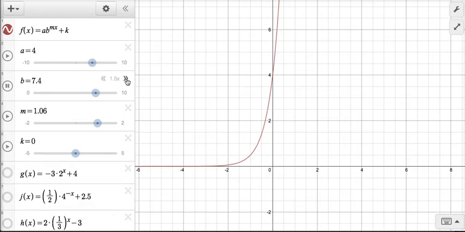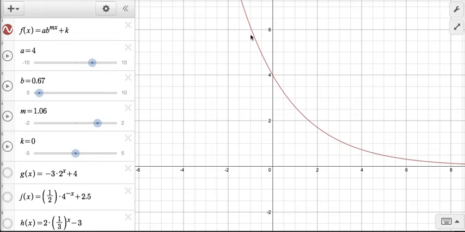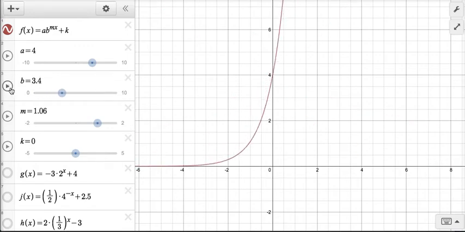So it's just getting narrower and narrower, and now it's a fraction. And notice what happened. When it became a fraction, it flipped it over. It was facing like this, but as a fraction, it orients this way.